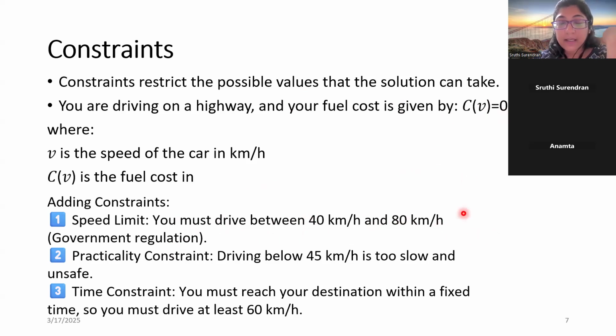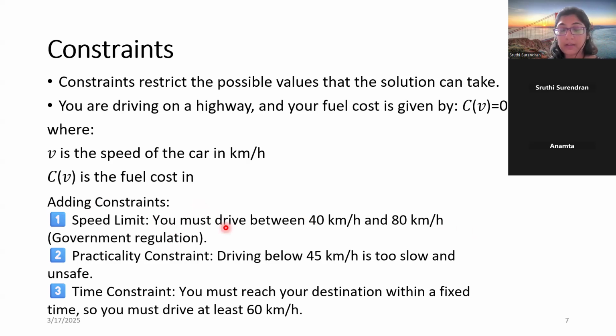So in that case, if the most efficient speed is 85 kilometers per hour, then it is not a possible solution. And if the speed is say 35 kilometers per hour, then also it is not a possible solution, because the constraint or the condition that we are required to follow in order to find the minimum cost is we have to keep the speed limit between 40 and 80.